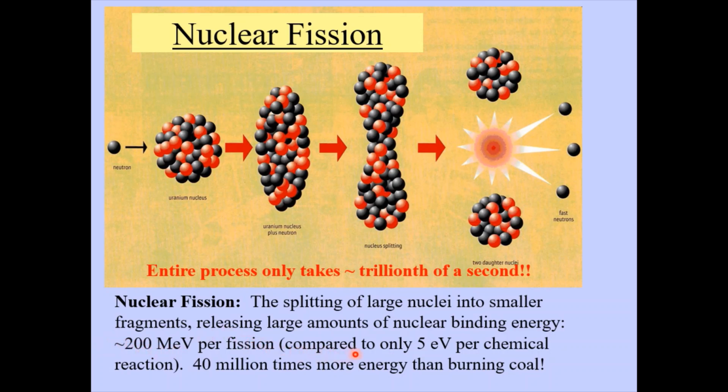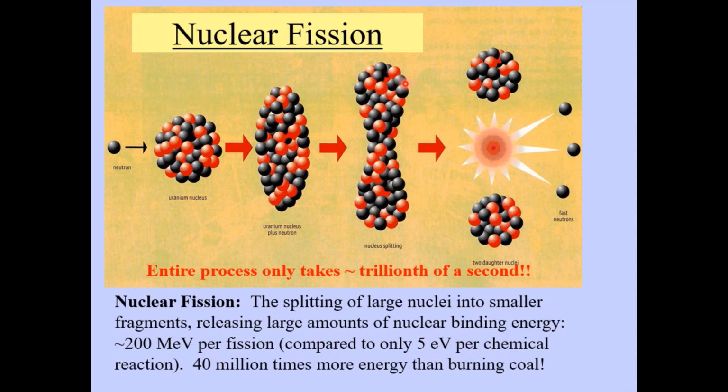Now compare that to a chemical reaction, for example, burning coal or gas or any kind of natural gas, gasoline, any kind of fossil fuel, usually releases about 5 electron volts per chemical reaction.